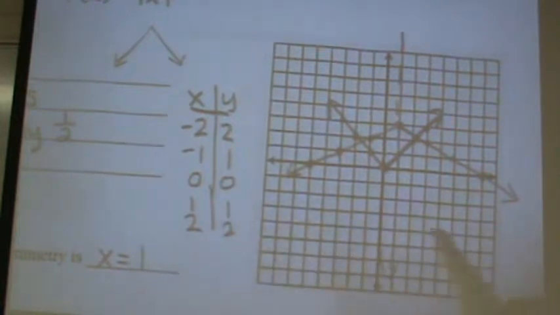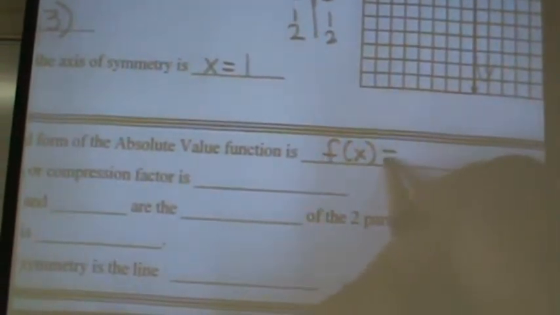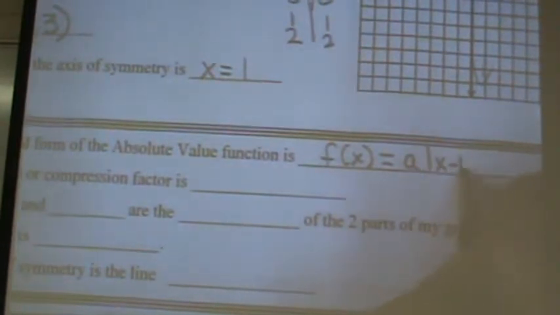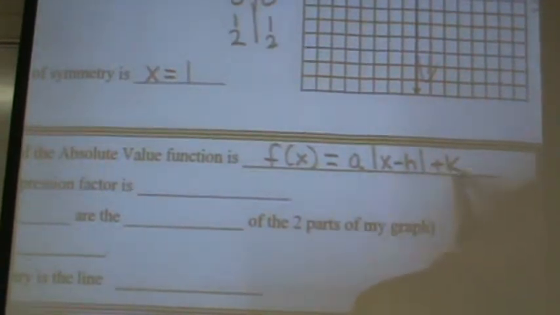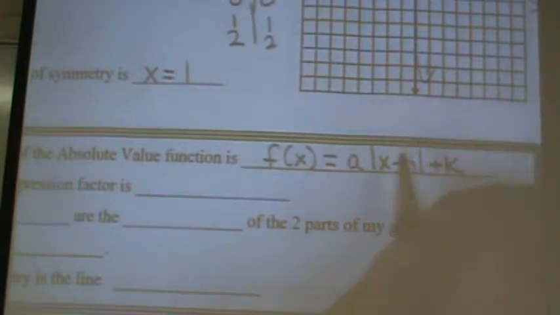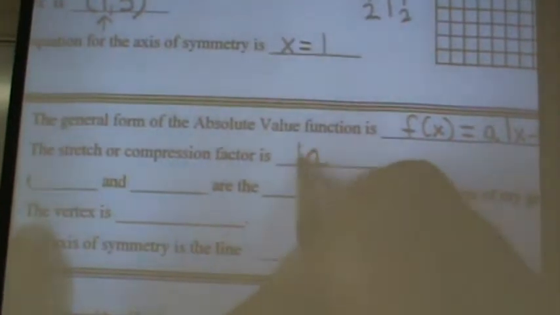Okay, so here is your general form, your standard form for this. F of x is equal to the a value, absolute value, x minus h, and then plus k. Where the h and the k value is going to be your new vertex. So I just want you to know that your stretch or compression is your a value, it's the absolute value of a.